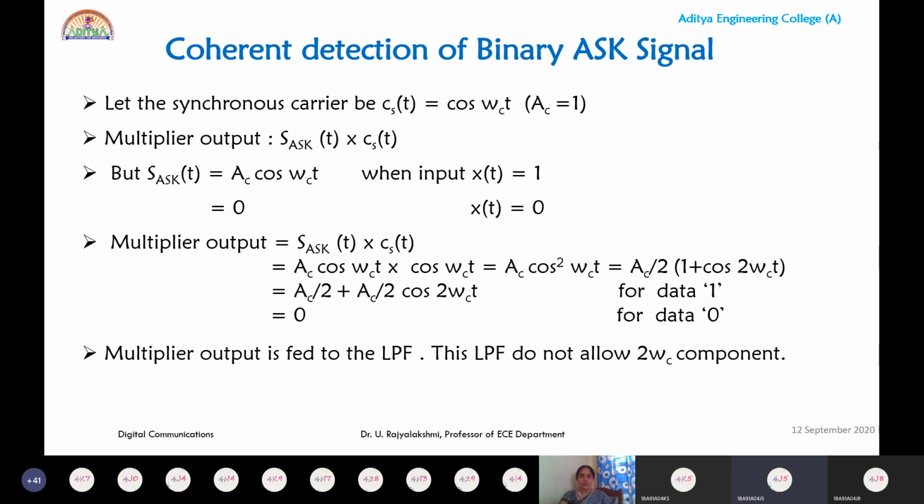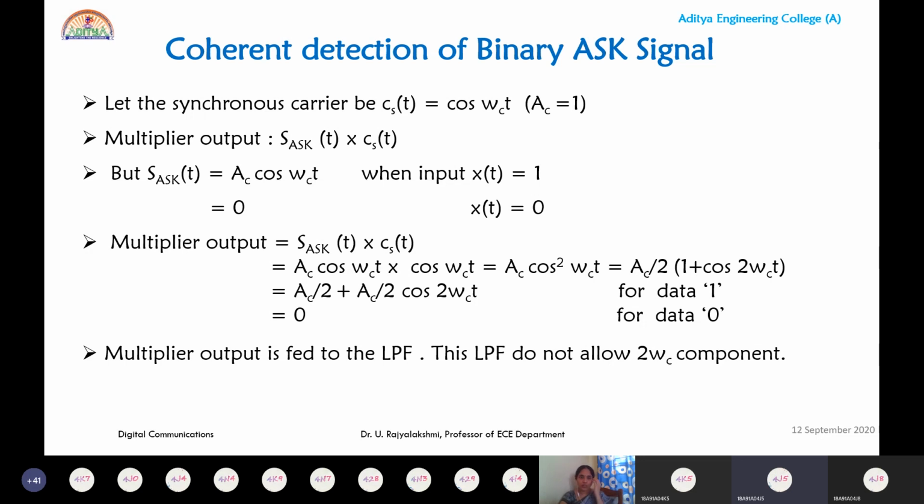Yes, ma'am. Okay, so here we assumed the synchronous carrier as cos omega ct. We assumed AC as 1 volt. For example, if you take it as AC, tell me the multiplier output. AC cos square omega ct.